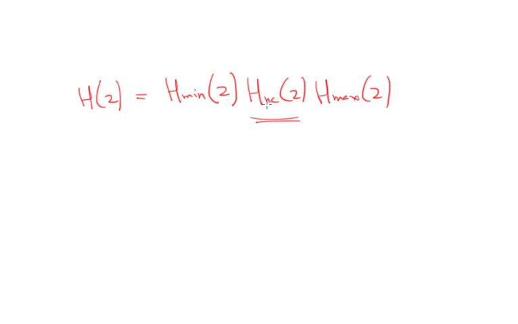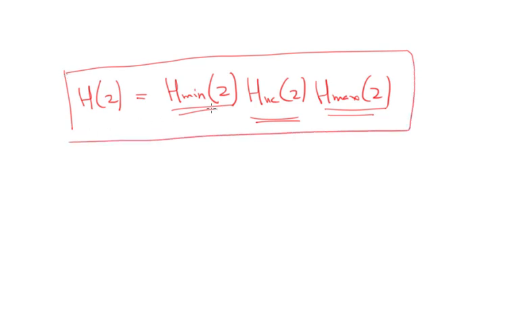This HUC of z is a system whose zeros are on unit circle, whereas this is the minimum phase system whose zeros are inside the unit circle, whereas this is maximum phase system whose zeros are outside the unit circle. So you can factorize any system into minimum phase, maximum phase, and unit circle systems.